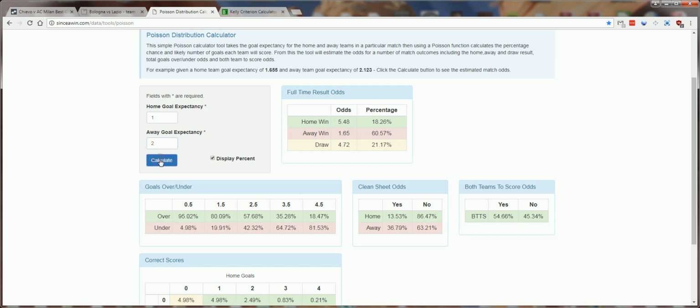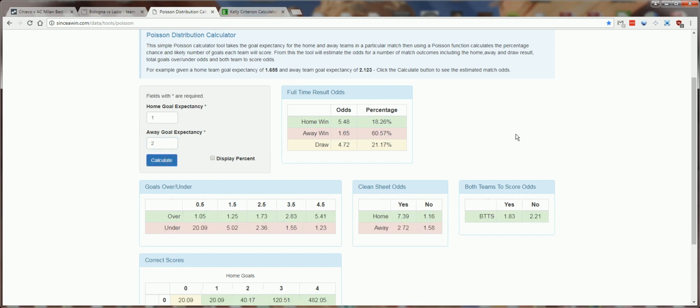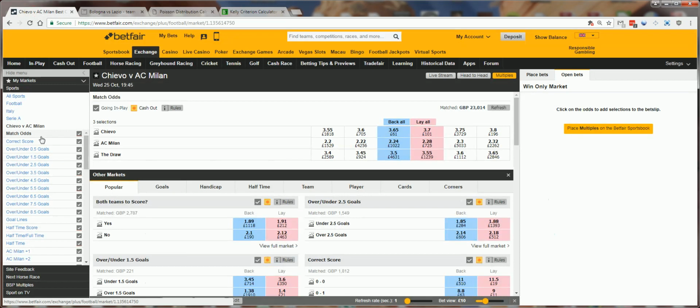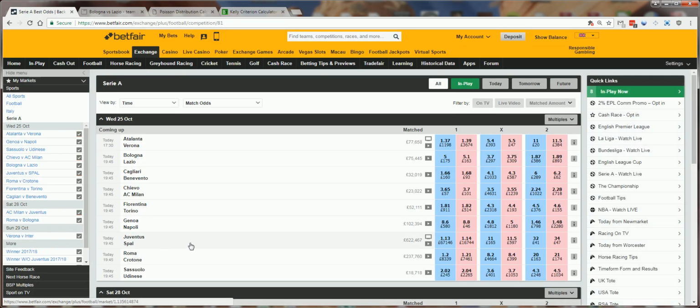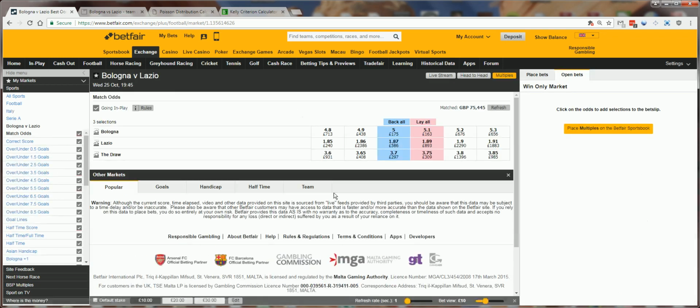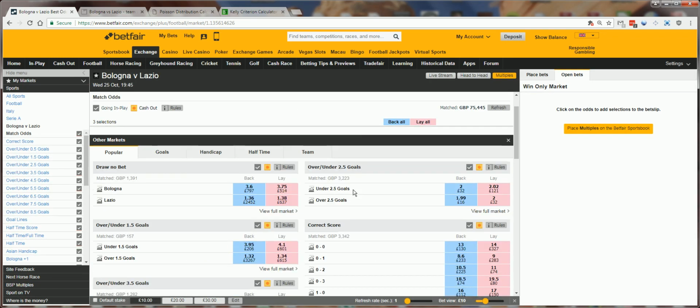I'm going to calculate this. I'm going to take the percentage out because I don't understand it till later. And now if we look at the odds there, I actually have this Betfair up on another computer, so I don't have to keep swapping tabs. What game am I doing? Lazio. Yeah. Right, so they're offering us 2.